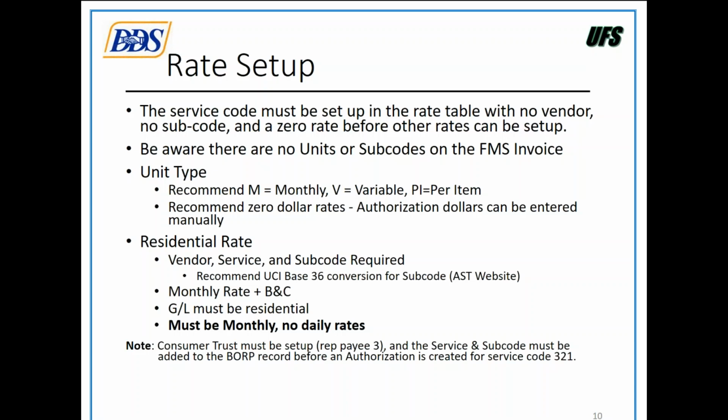There is one residential service code, 321. This does need to be set up vendor specific, and because most of the time the dollar amount is going to be unique to the consumer, we recommend that you set it up with a unique subcode.